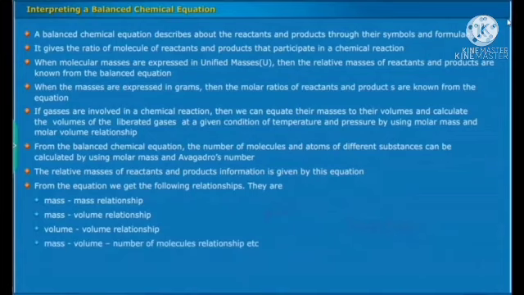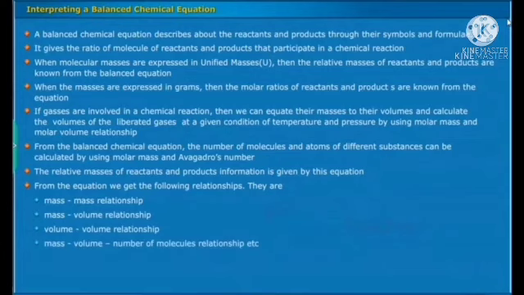Again, mass-volume: for example, when a gas is liberated, its mass has some volume, and that relationship is called mass-volume. Again, every chemical occupies some space, that is the volume relationship.